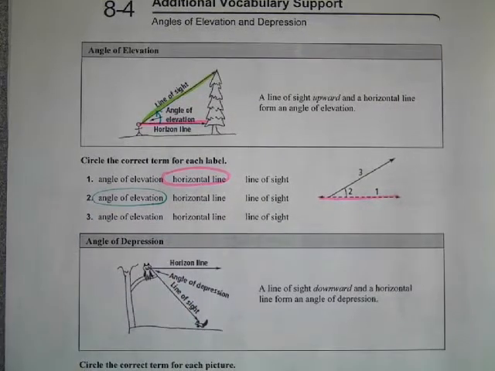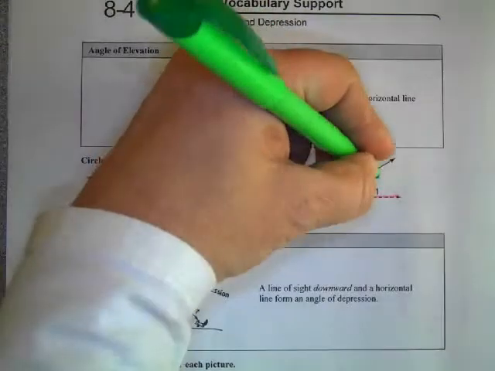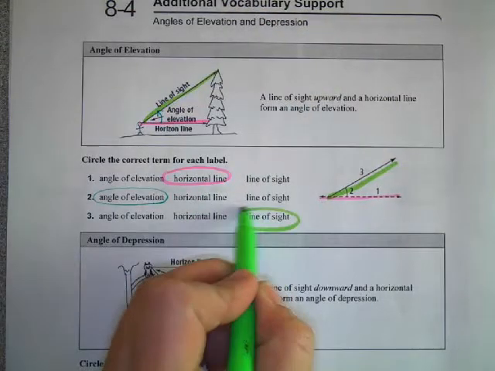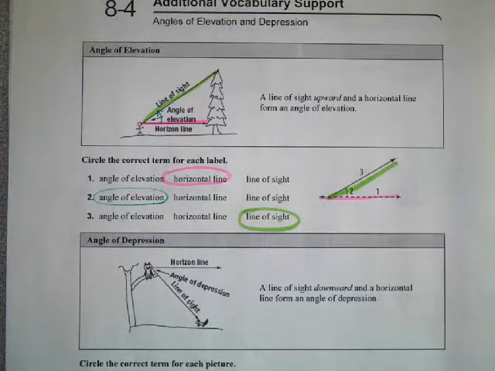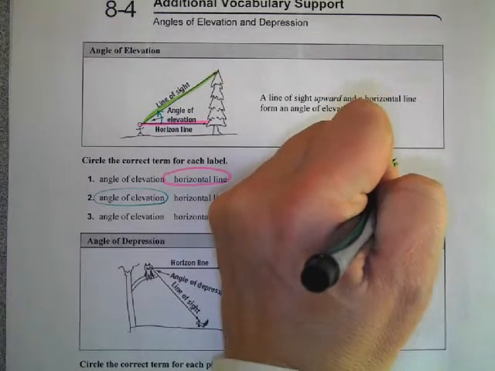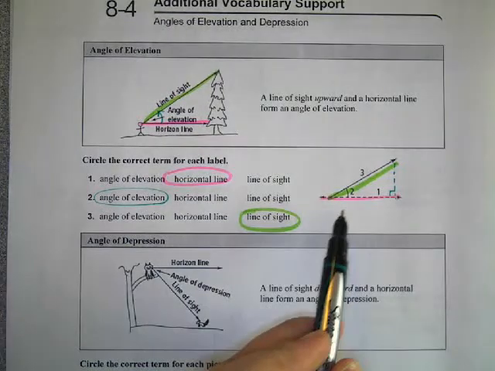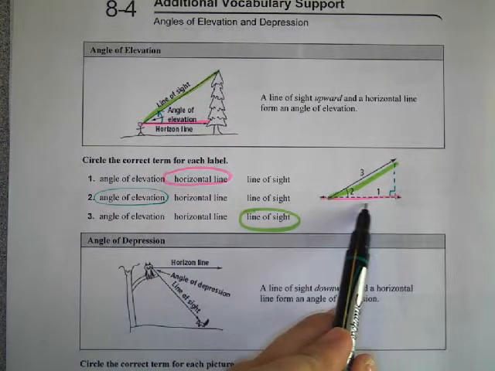And part 3 is my line of sight. So the angle of elevation is always between the horizontal and basically the hypotenuse of a right triangle, because if I made a dotted line right here, I'd have a right triangle. So your angle of elevation is always between basically the adjacent and the hypotenuse.